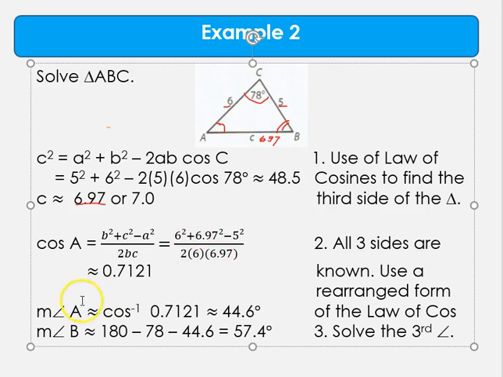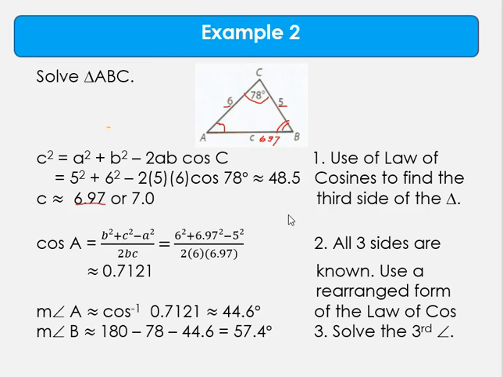And we divide, and we end up with approximately 0.7121. So we're going to use this value to help solve for the measure of angle A. So the measure of angle A equals cosine inverse, the inverse of our cosine, of 0.7121, and that is approximately 44.6. So that's the measure of angle A.